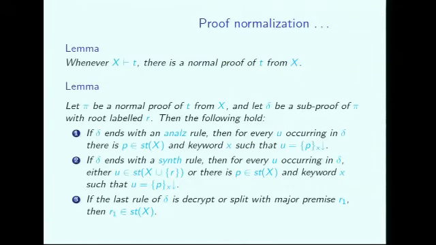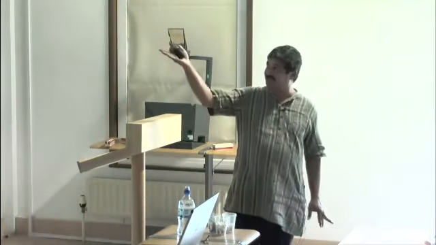You don't have a subterm property now, but what we can show is that, for instance, the first one says that if you have a proof, now take any subproof, within the subproof, whenever you see a term occurring in it, I can guess some keyword. Now what is this keyword? A sequence of encryptions, those subscripts that I was talking about.